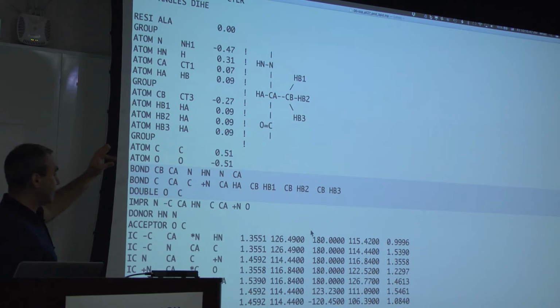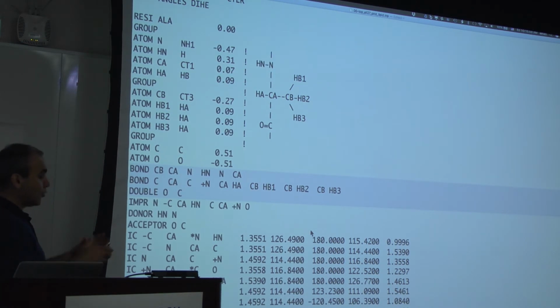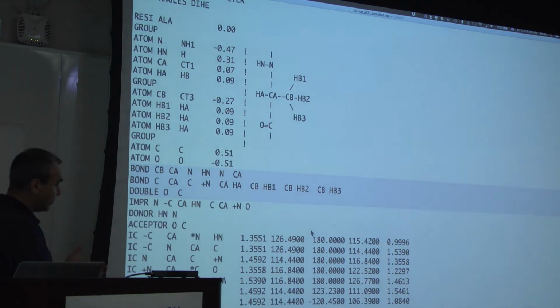Bonds are here, angles, dihedrals, automatic. And now I have to define any improper angle that I would like to have. So you remember impropers are formed by 4 atoms, usually working at the center. So usually we have the center atom here, and the 3 atoms connected to it are specified later.